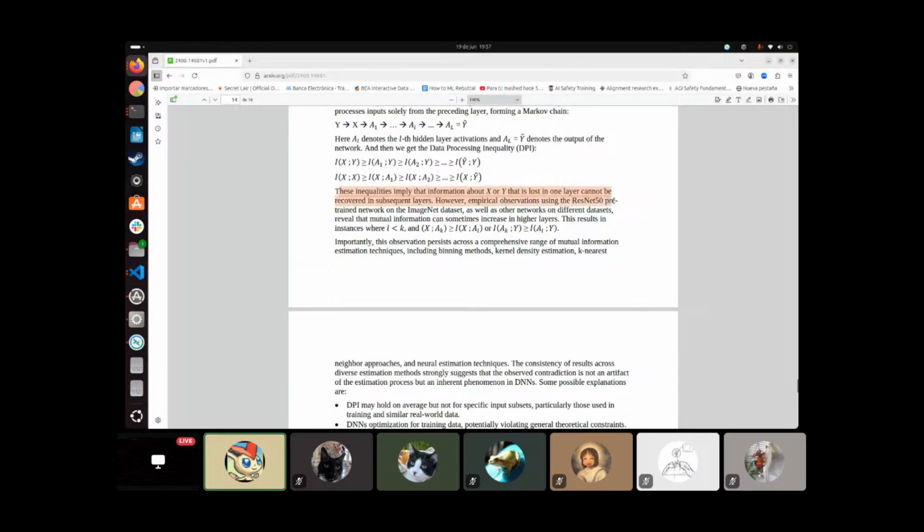However, empirical observations using the ResNet pre-trained network on image datasets, as well as other networks on different datasets, reveal that the mutual information can sometimes increase in higher layers. Okay, so mutual information can increase in higher layers.